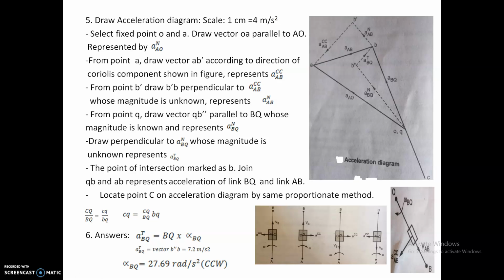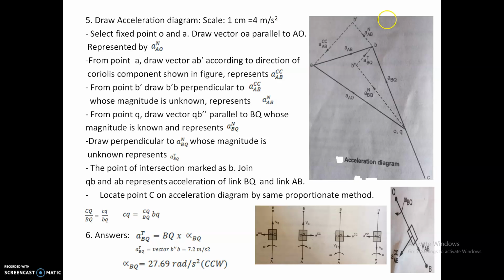Then another component for link AB is the normal component, which is perpendicular to the Coriolis component. You don't know the magnitude, but you know the direction of the normal component of AB. Then you go for the other link, QB. By the same process, the normal component of QB is towards the center of rotation.